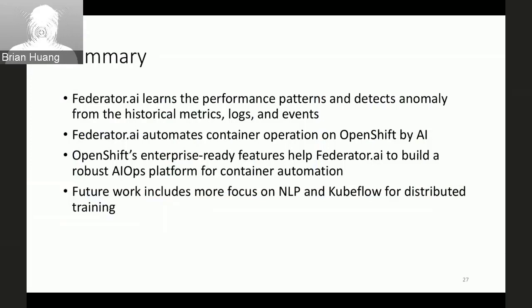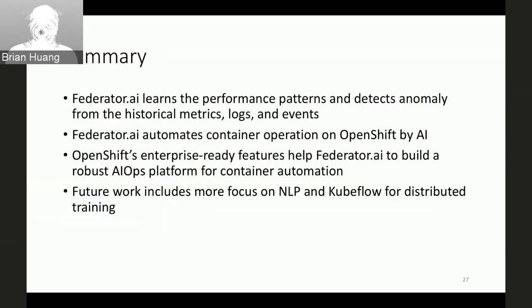And our future work includes putting more focus on natural language processing, because, for example, we try to transform the anomaly we detect in performance, maybe in time series correlation, into natural language, and then use natural language to search for a solution from a knowledge base or a discussion forum, such as that.